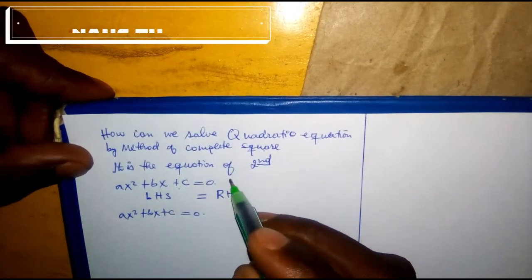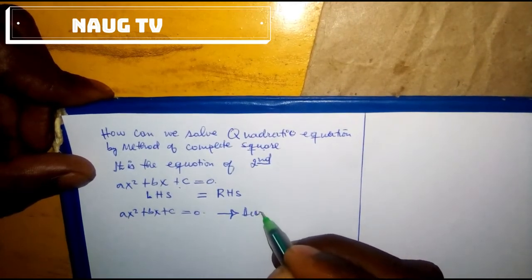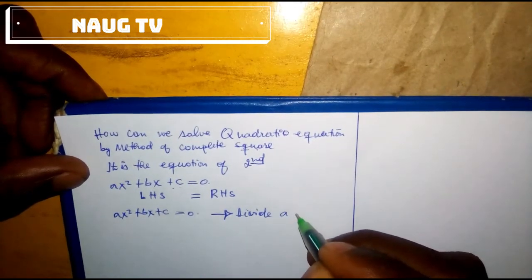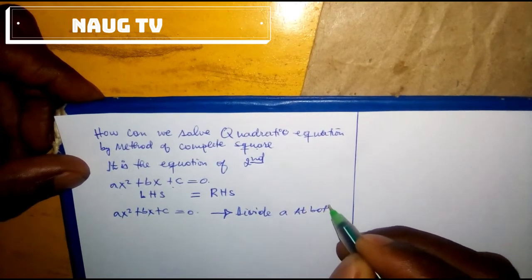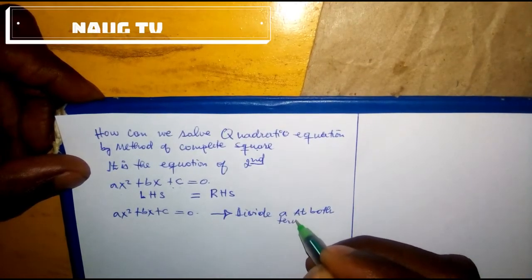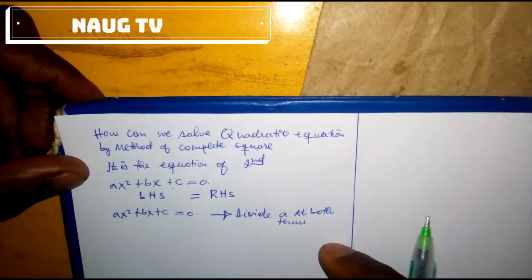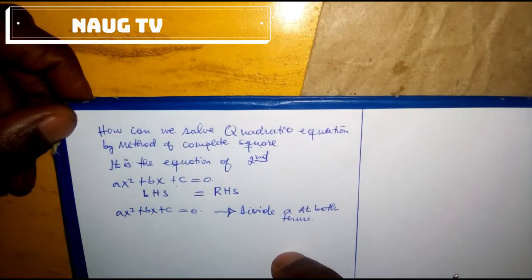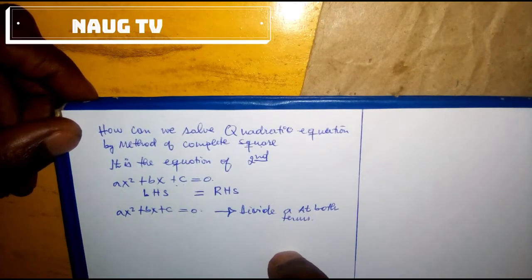Now divide a at both terms so that the equation would be x squared plus b over a x plus c over a equals to 0.